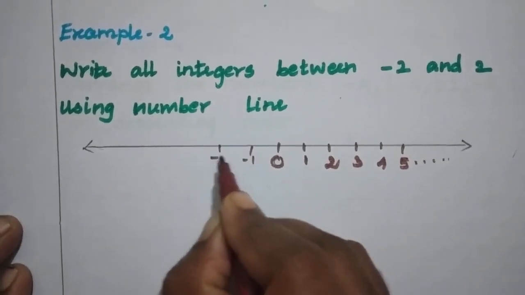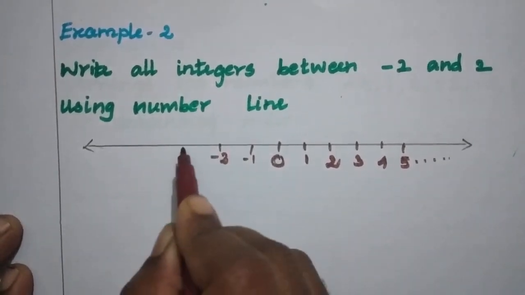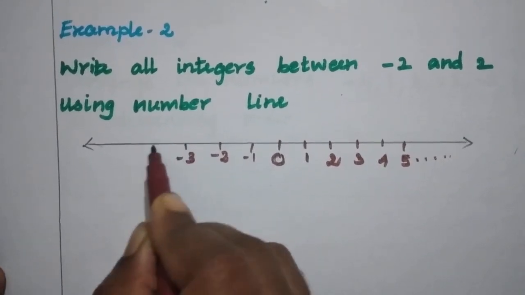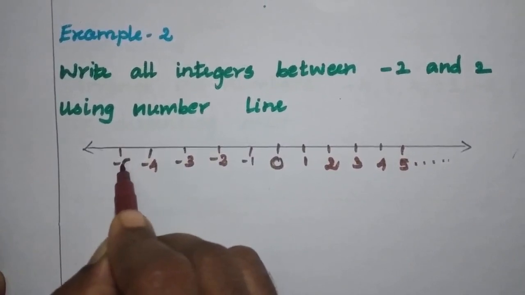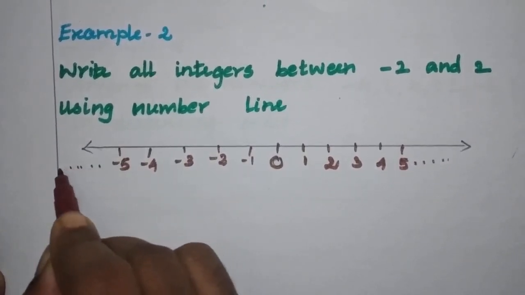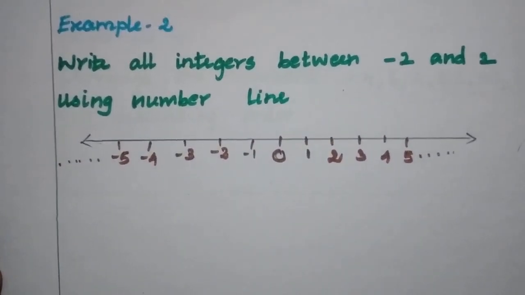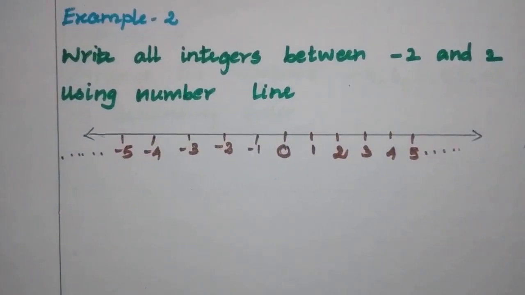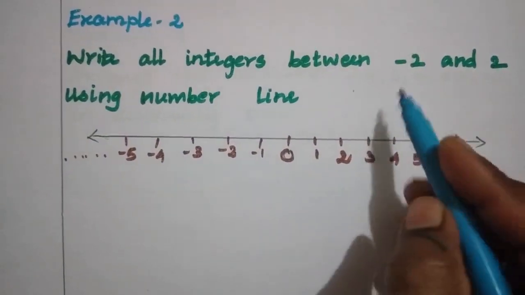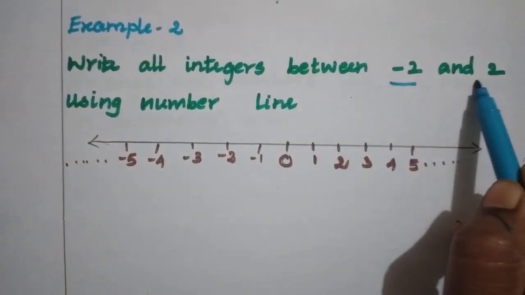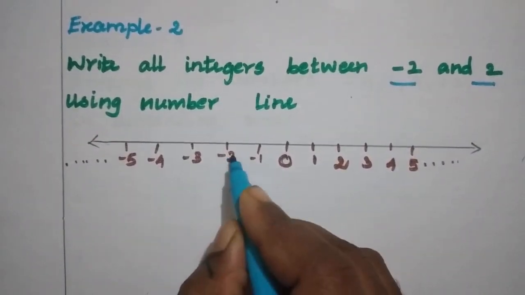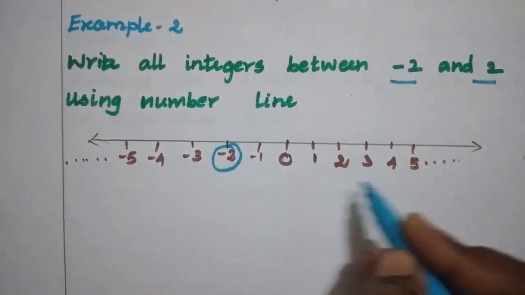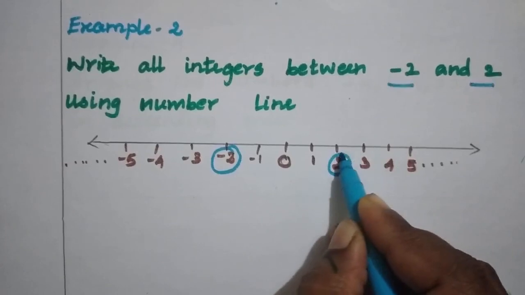Minus 1, minus 2, minus 3, minus 4, minus 5 and so on. So mark the numbers minus 2 and 2 on the number line. So minus 2 is here and 2 is here.